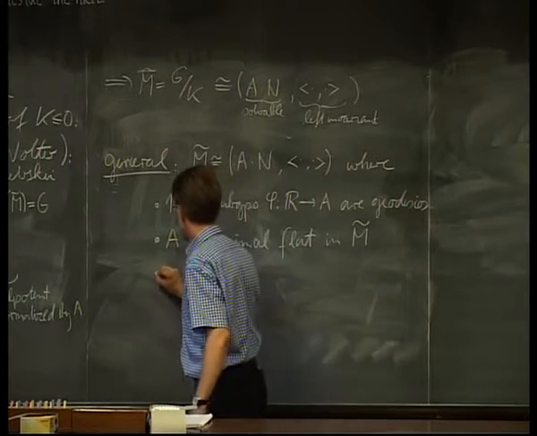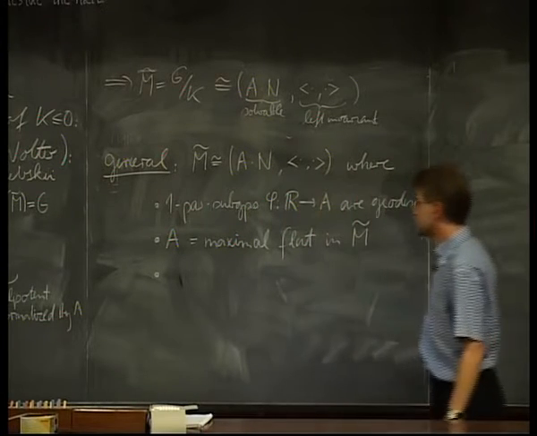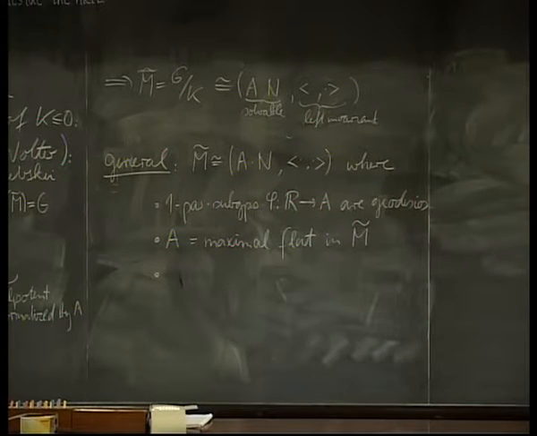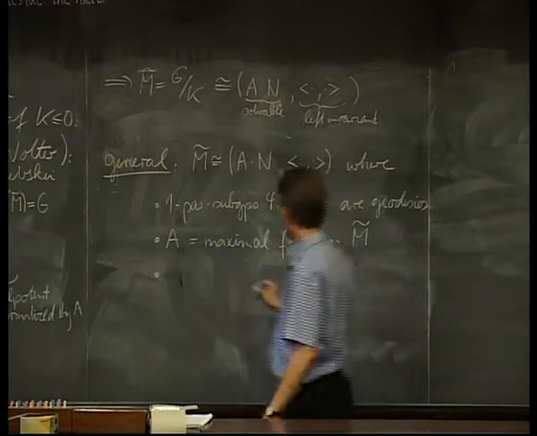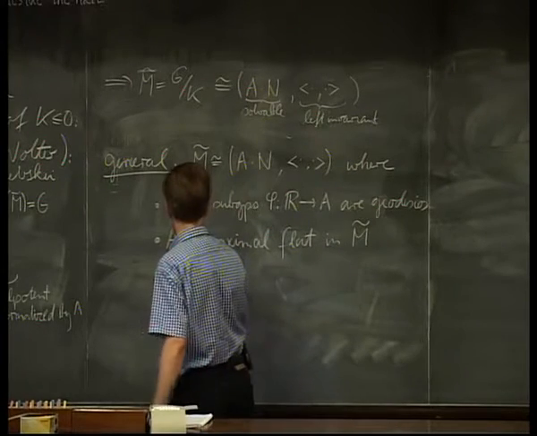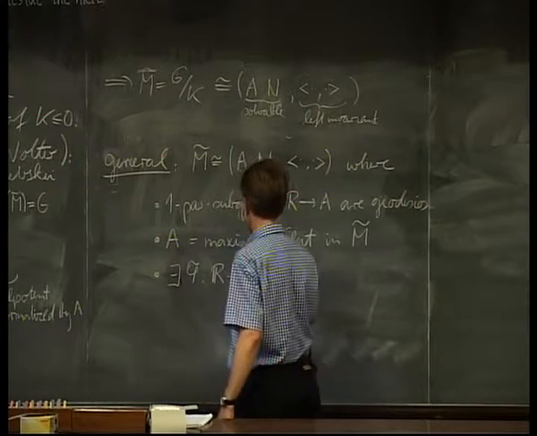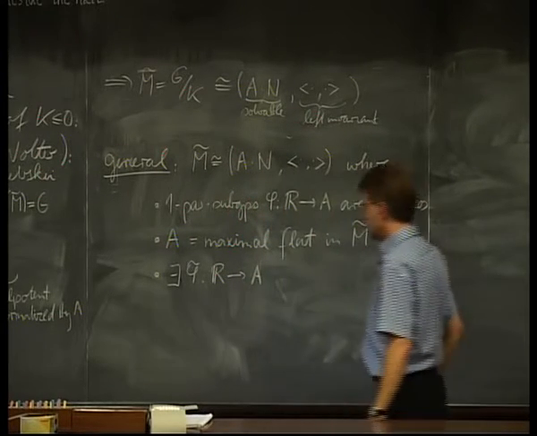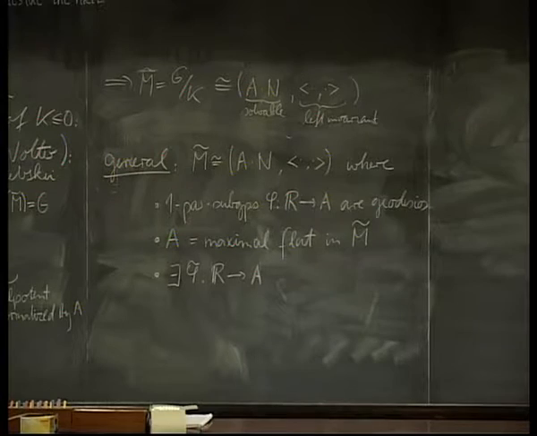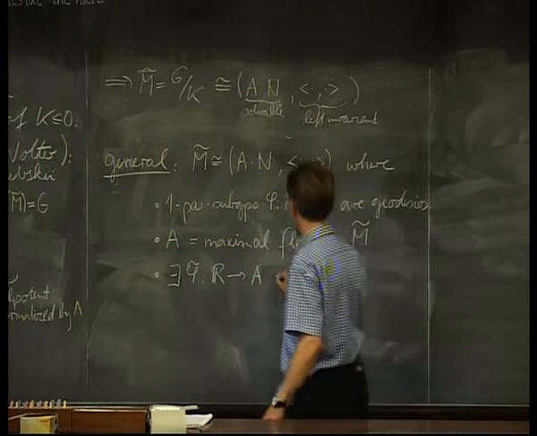But then there are specific one-parameter subgroups which have additional nice properties. So there exists one, and actually many, of such one-parameter subgroups with the following property.